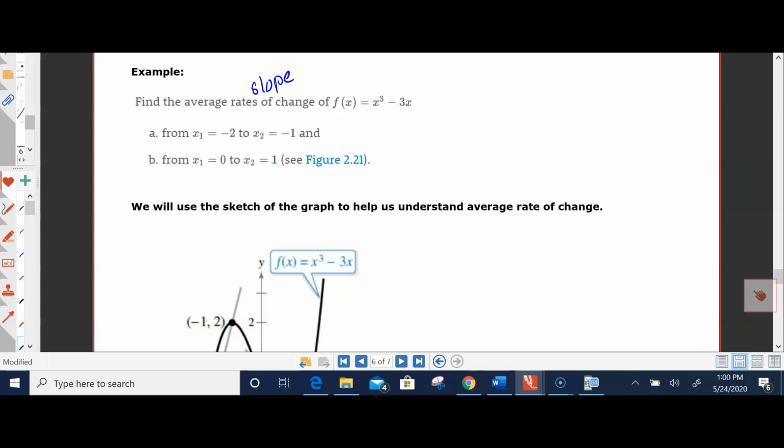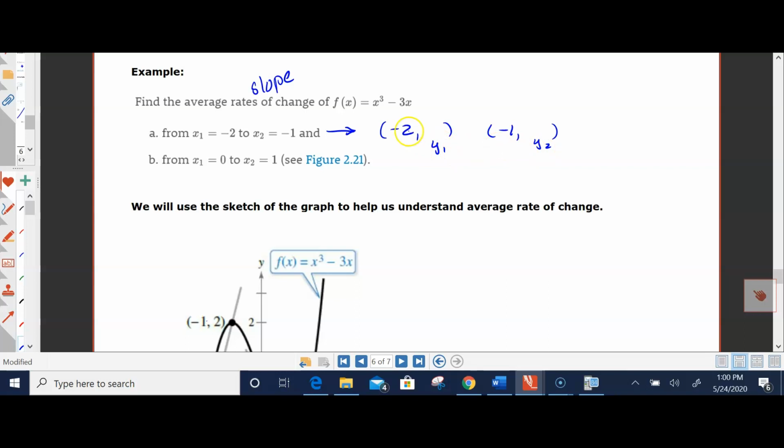All I need to do is find slope. And what do I need to find slope? 2 ordered pairs. So really, all I need is the ordered pair x1, negative 2 comma y1, and I have x2, which is negative 1 comma y2.